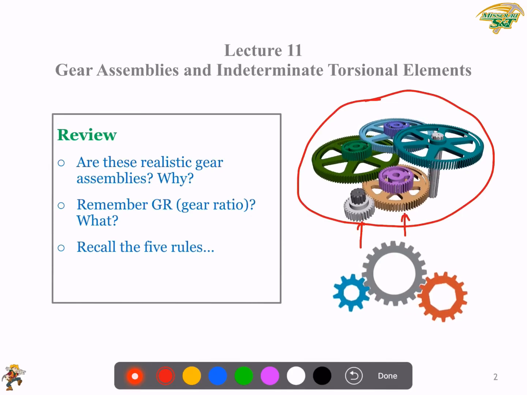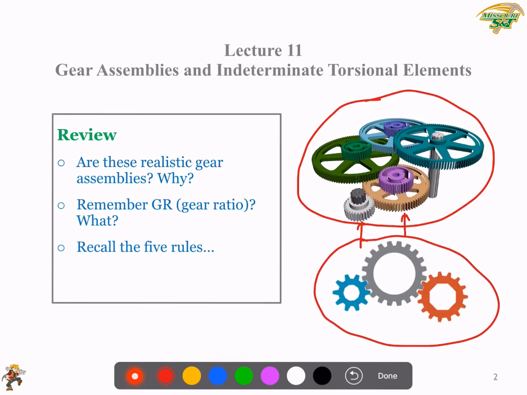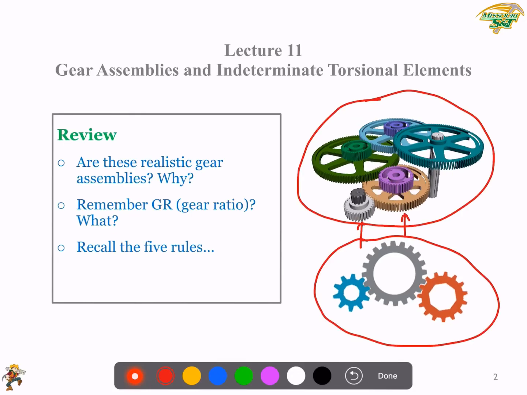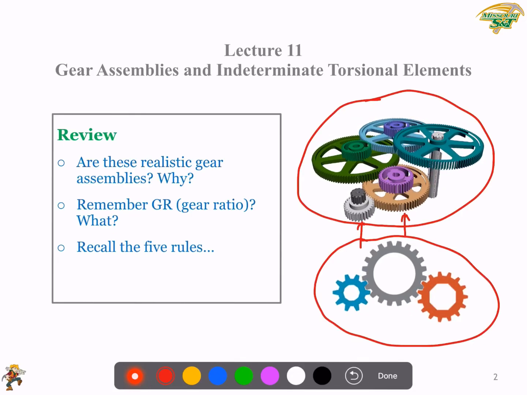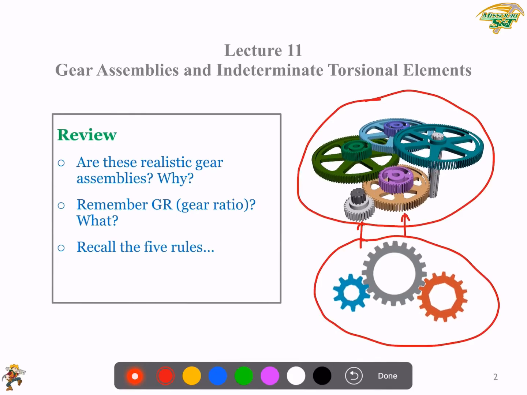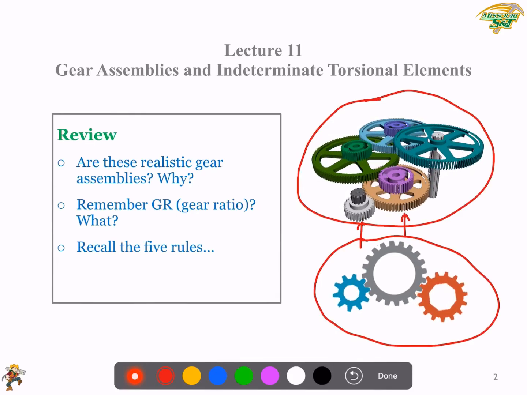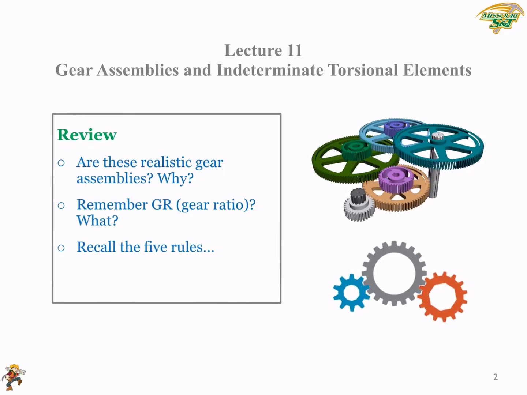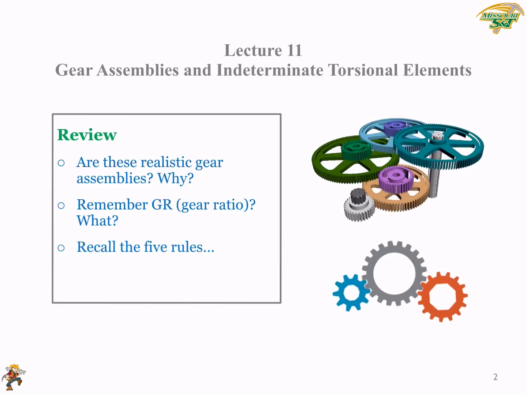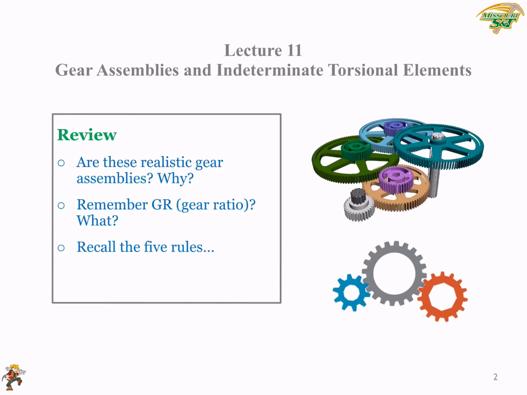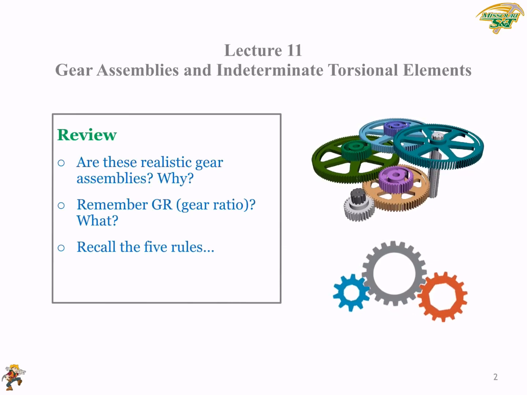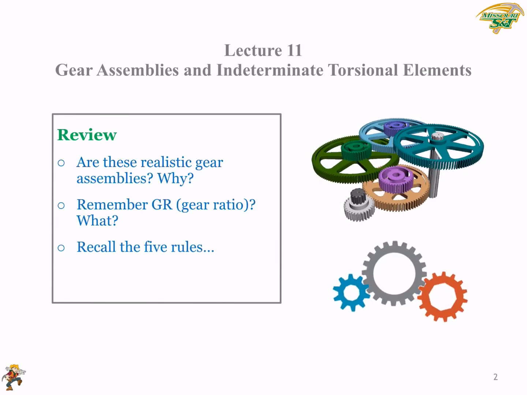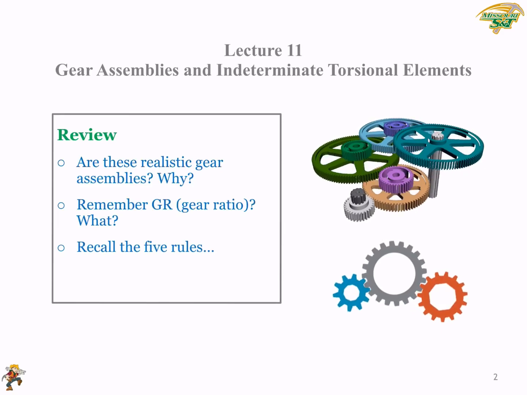The second gear system is somewhat realistic, because at least your smaller gear is turning faster while larger ones are turning slower. Then please remember, we have defined the gear ratio. And what is the gear ratio? When you have two gears directly combined to each other, moving from a smaller one to a larger one or from a larger one to a smaller one, you can always define the gear ratio.